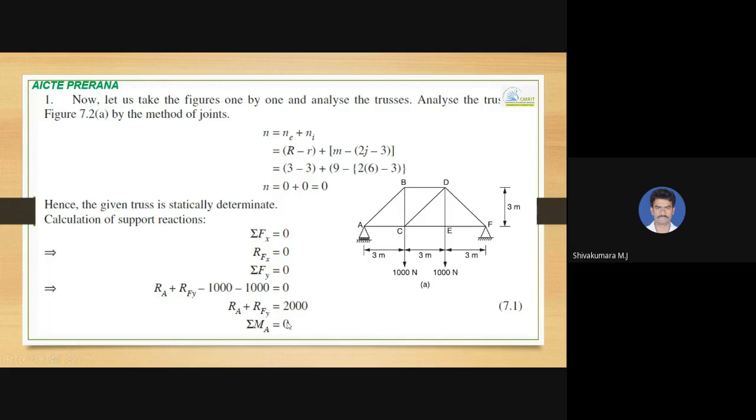And then the third condition of equilibrium, moment at any point you can take. So summation of moment at A equal to 0 we are taking.